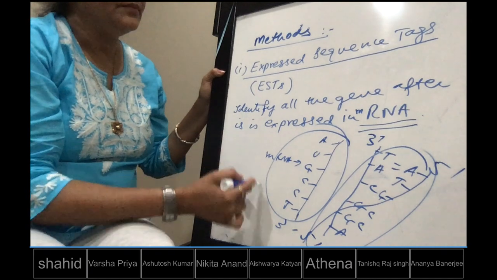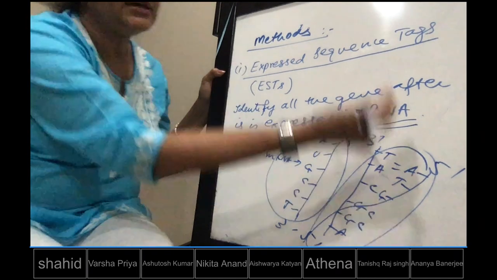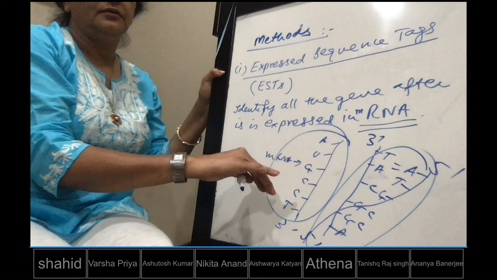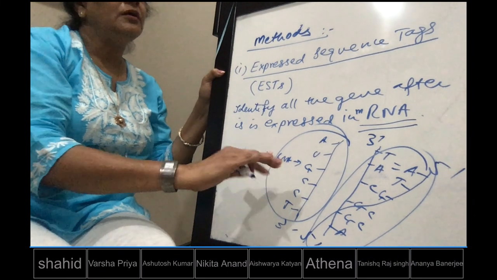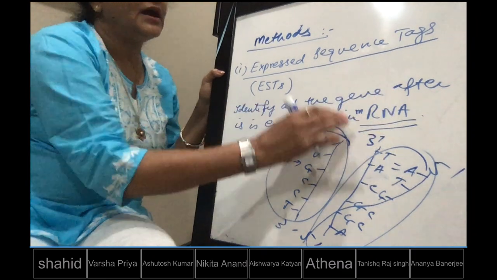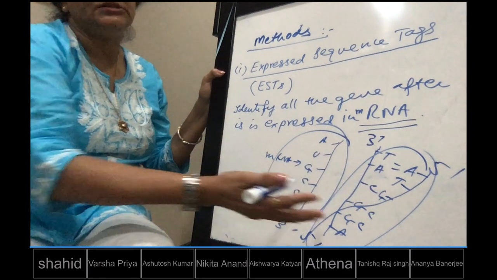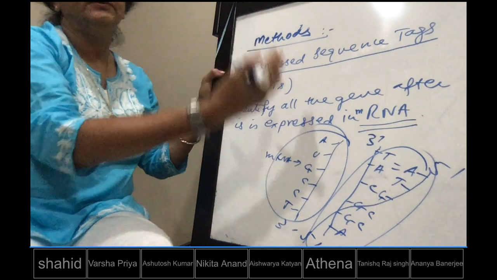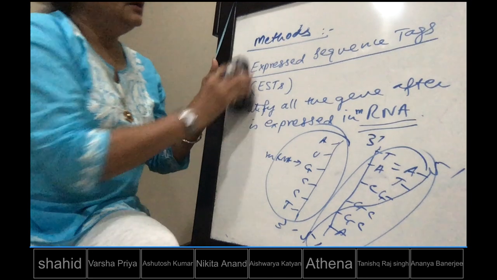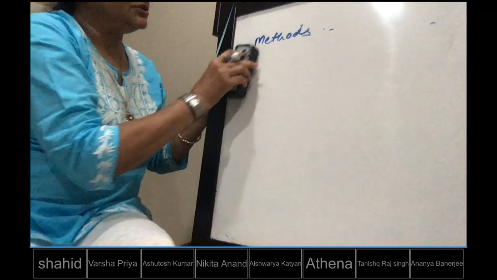So from the mRNA you find out which genes are expressing it. Here what is done is to first identify the mRNA and then find out what the genes are. So it is the reverse. This is called expressed sequence tags. Second is sequence annotation.